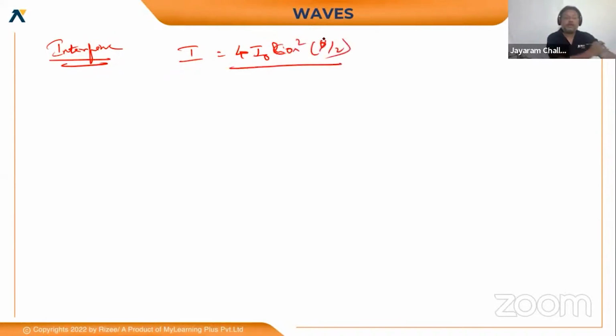So depending on the phase, you can decide the intensity here. Okay. On the basic wave equation, you can write it as, on the basic wave equation or the mean phase equation. What can be the case?